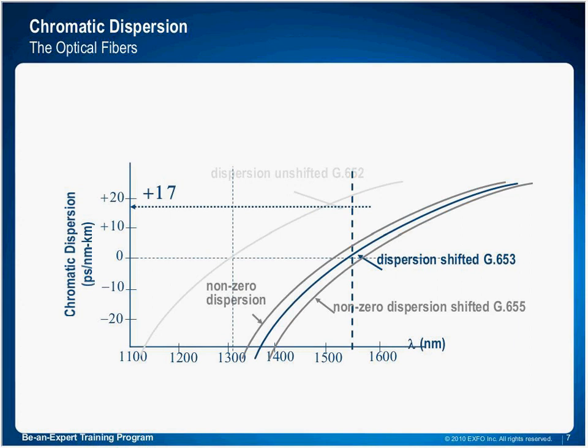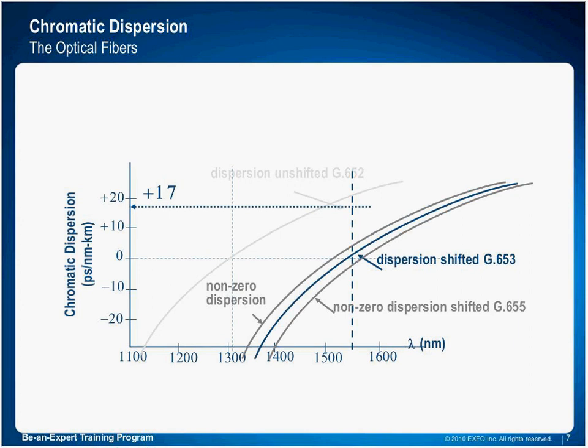These are the fibers that contain the different refractive index profiles, and as a result, we can see how that affects the overall chromatic dispersion being accumulated on these fibers. They're very, very close to the zero value. The G.653 is roughly at 0 picoseconds per nanometer kilometer.